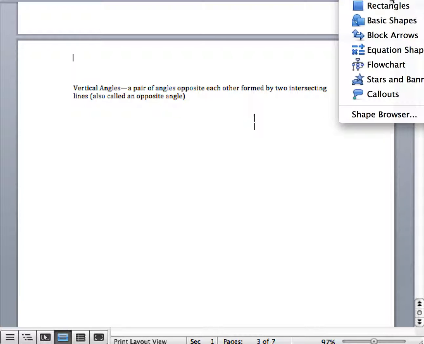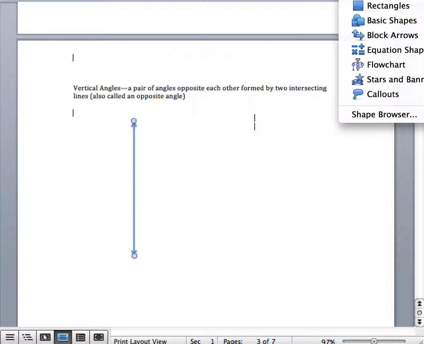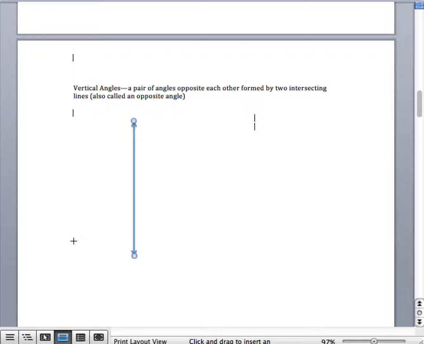Okay, let's attempt to draw this. So let's say we have two rays. Here's one, it's going to go straight down, and then we'll make another intersecting one. Great. So because we have these two rays, we have four potential angles.